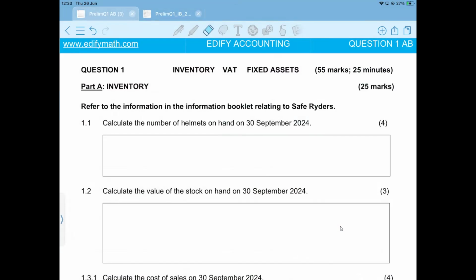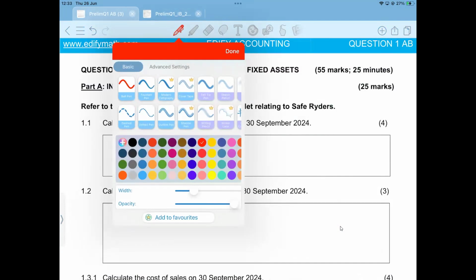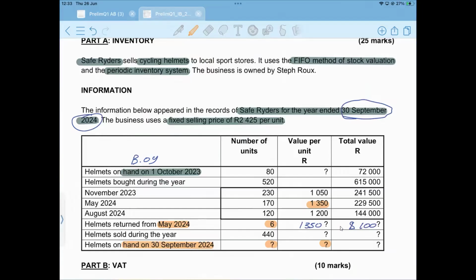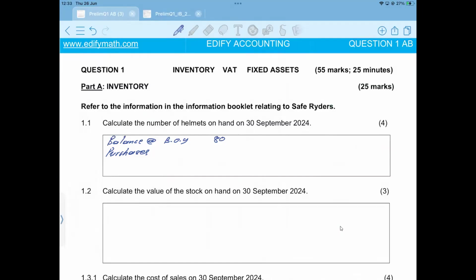And according to this, to calculate the number of helmets, we're going to use a simple formula, guys. The formula is balance at the beginning of the year. You only focus on the units, which was 80. Then you're going to add your purchases, which amounted to 520.